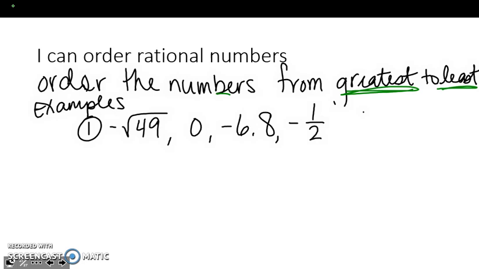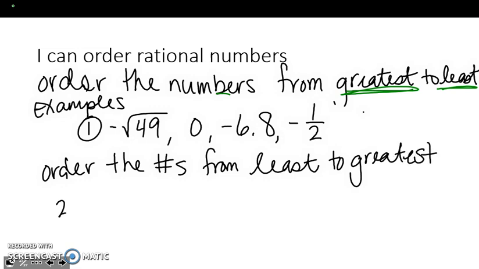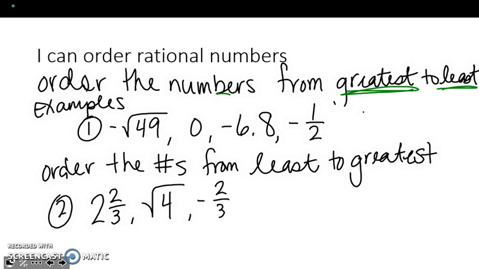Order that from greatest to least, and then this one you're going to order the numbers from least to greatest. All right, come and show me those when you're done.